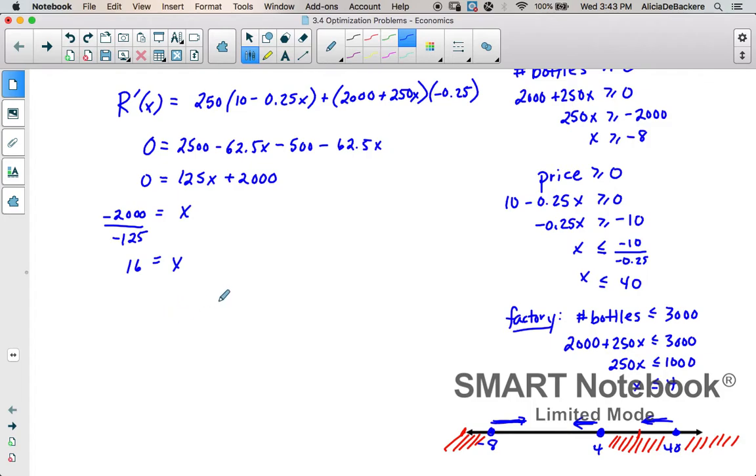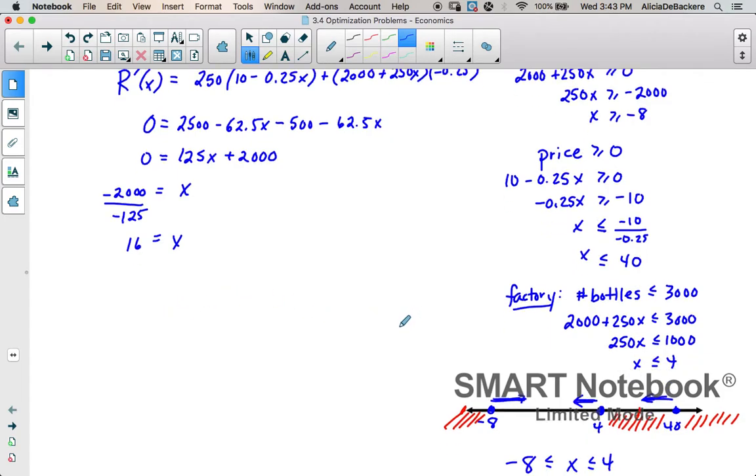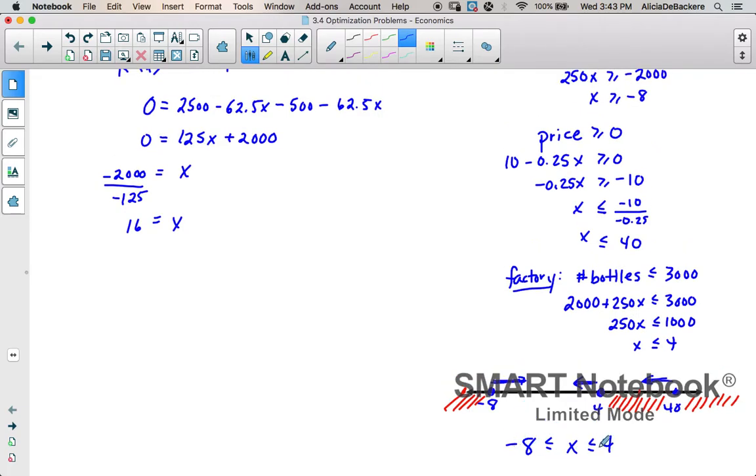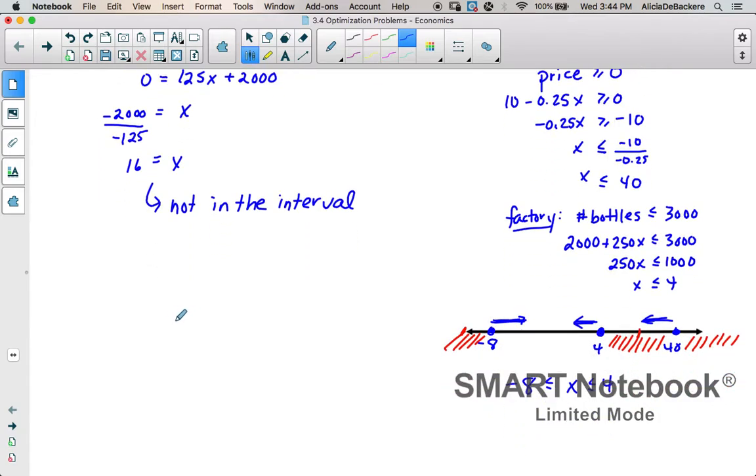And I get x equals 16. Which unfortunately is actually not in my interval. Remember that my interval went from -8 to +4. And so what this means is that if I were to do 16 price decreases, I'd be outside of that factory limit there. So I can't have that. And I'd be selling too many bottles that I'm not capable of making in that factory setting.